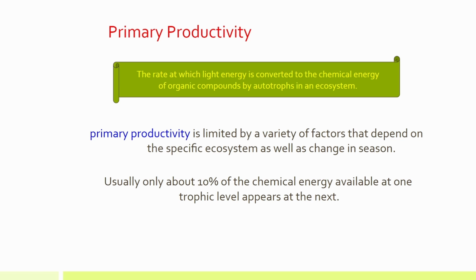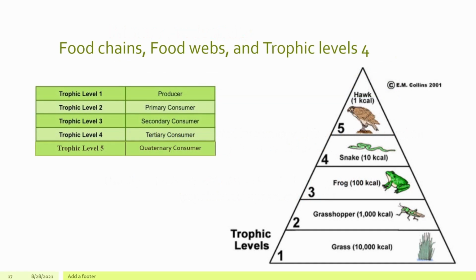It's usually only about 10% of the chemical energy available at one trophic level that appears in the next. A lot of that energy is going to be lost as heat. So not all of the energy that is in an organism, even when it's consumed, gets passed to the next trophic level.